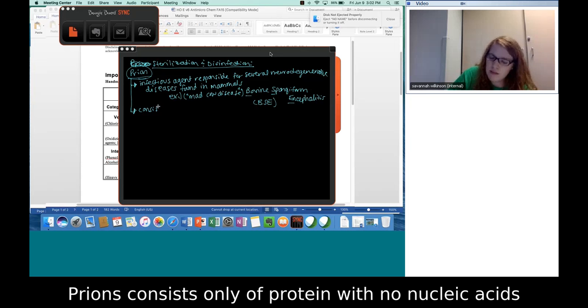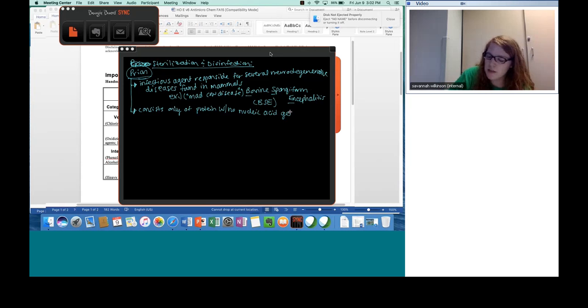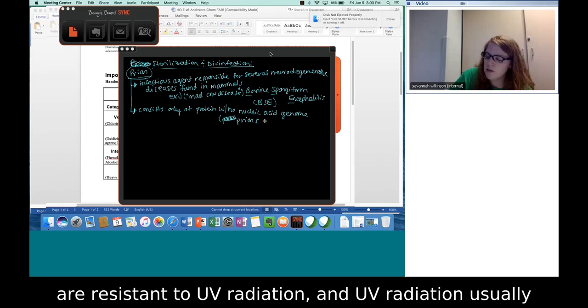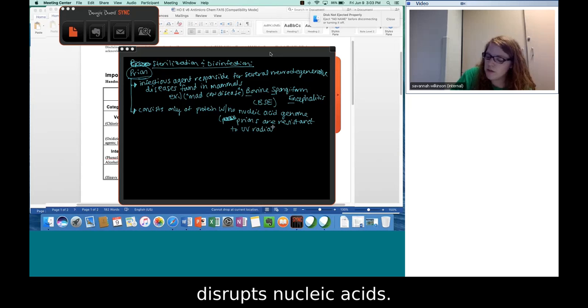Prions consist only of protein with no nucleic acid, no nucleic acid genome. Scientists know this because prions are resistant to UV radiation, and UV radiation usually disrupts nucleic acids.